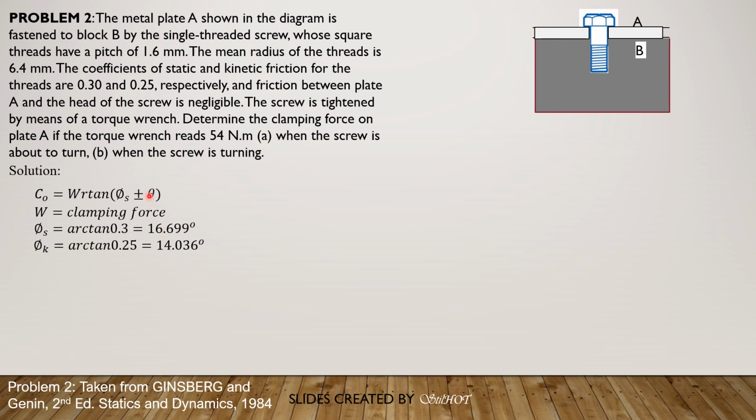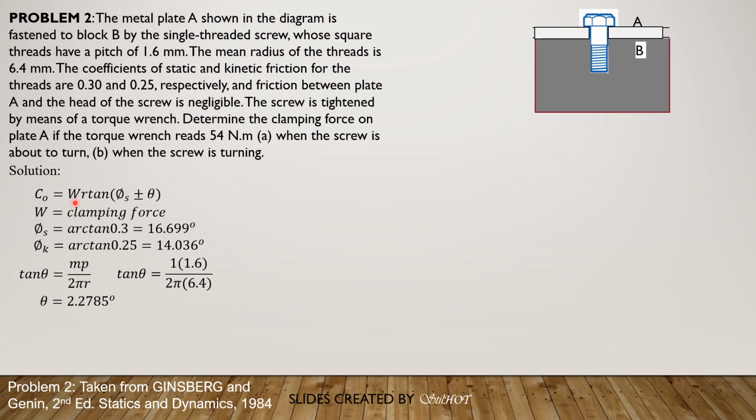Then the lead angle, tangent theta, equals multiplicity of threads times pitch over 2 pi r, wherein the multiplicity is 1 because we have a single threaded screw. The pitch is 1.6 mm divided by 2 pi, and r is the mean radius 6.4 mm. So therefore the lead angle is 2.2785 degrees.